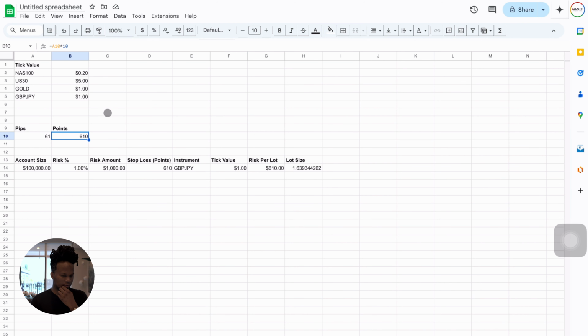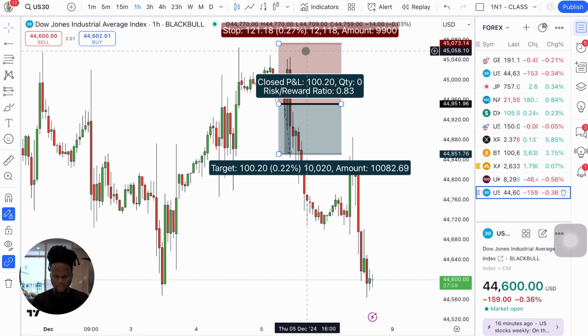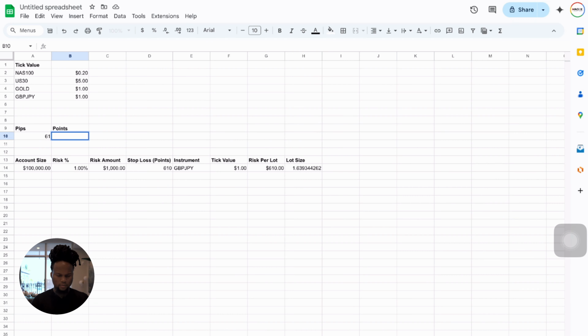So what was the value that I got a while ago? This is going to be 12,118, right?